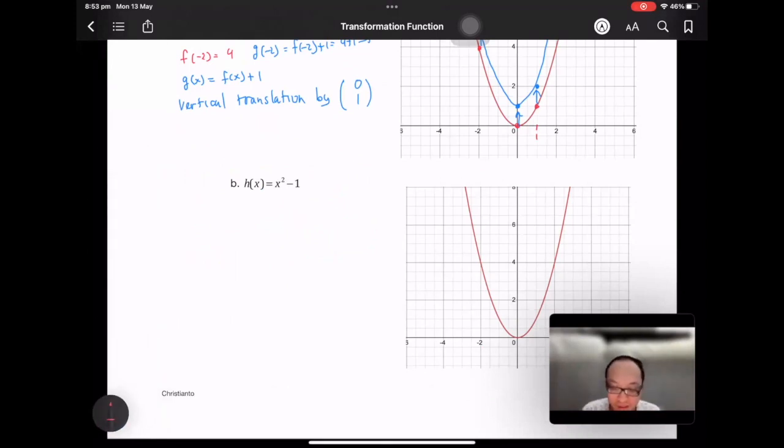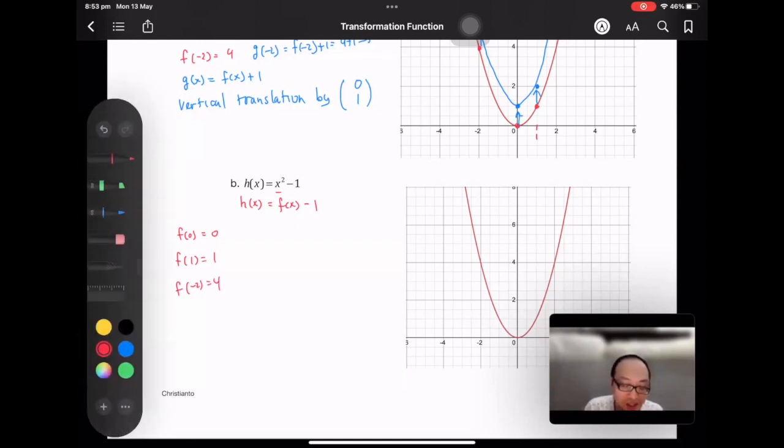For number 2, I have the same function f(x) equals x squared, but now I want to express h(x) equals f(x) minus 1. So again, f(0) equals 0, f(1) equals 1, and f(negative 2) equals 4.